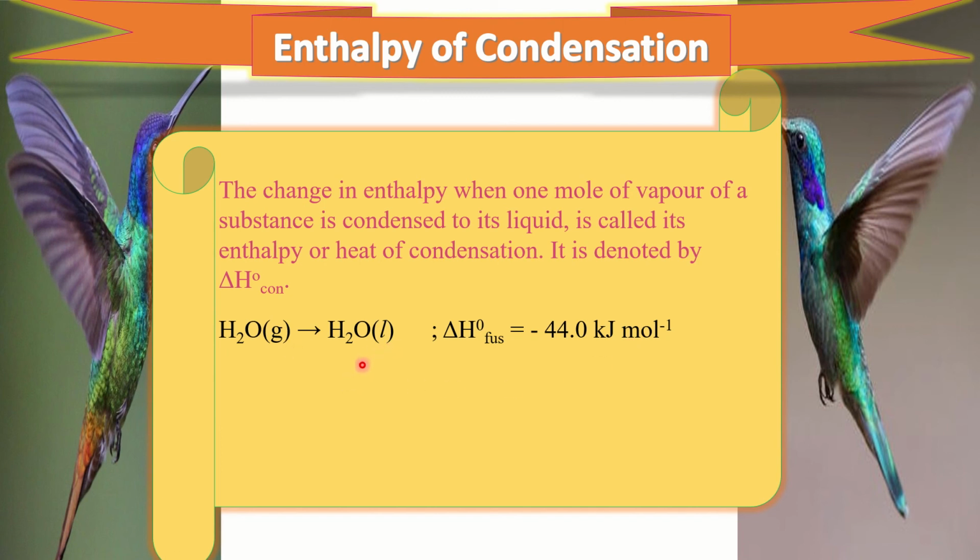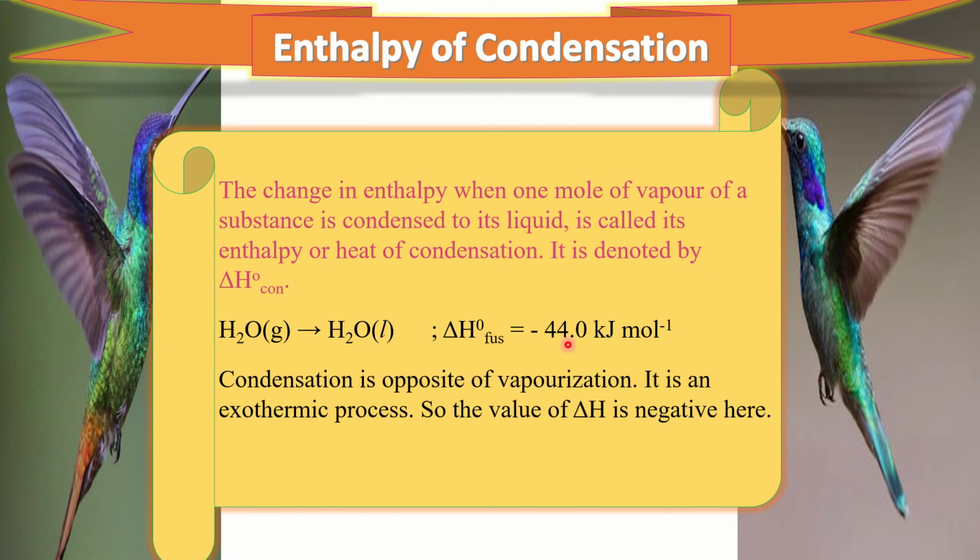So we can say the amount of heat of vaporization and the amount of heat of condensation are equal, but their signs are opposite, because enthalpy of condensation is a negative value. Why? Because condensation is an exothermic process. Here heat energy is released, but enthalpy of vaporization is a positive value, because here heat energy is absorbed by the liquid to make it gaseous.